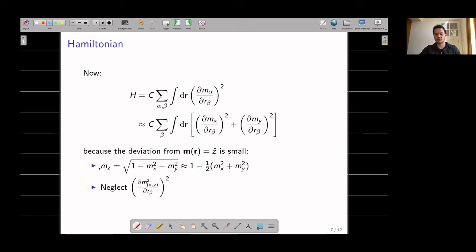Again, with the same trick, we write mz, which is now the expansion of the square root, and we neglect all the terms of this sort. So finally we end up with the following result. This is assuming that the deviations from z are small.